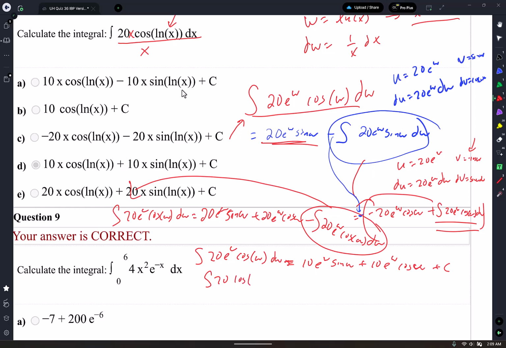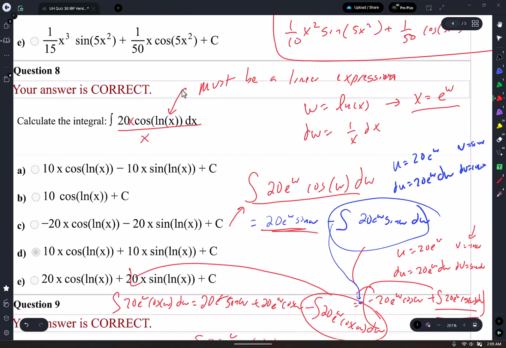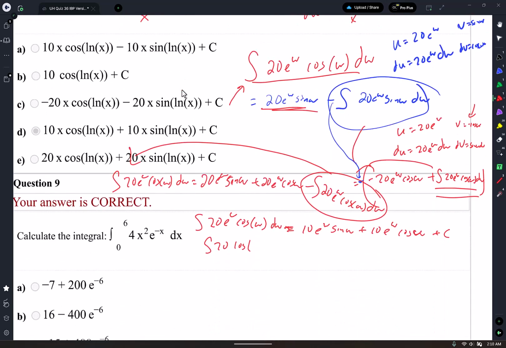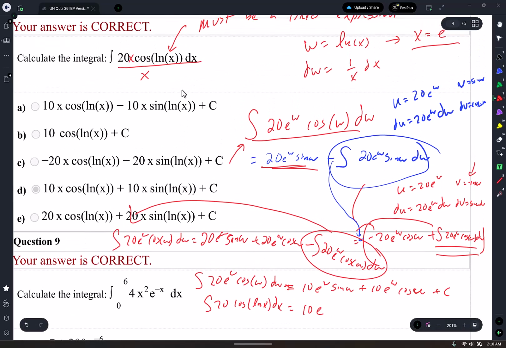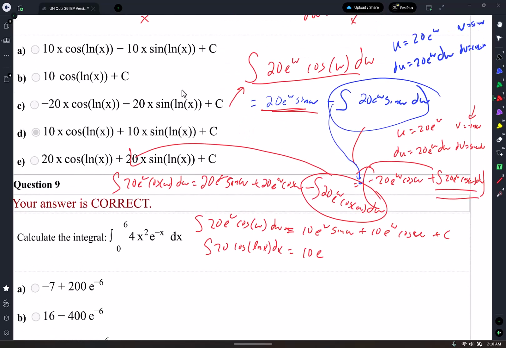So cosine, and then w was ln x, cosine of ln x dx equals 10 e to the, what was w, ln x? So e to the ln x is just x, so that's just going to be 10x sine of ln x plus 10x cosine of ln x plus c.